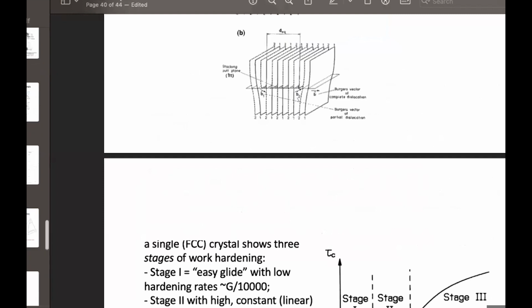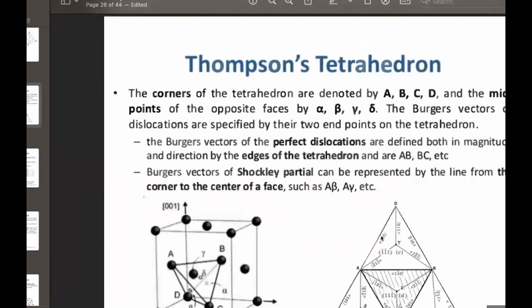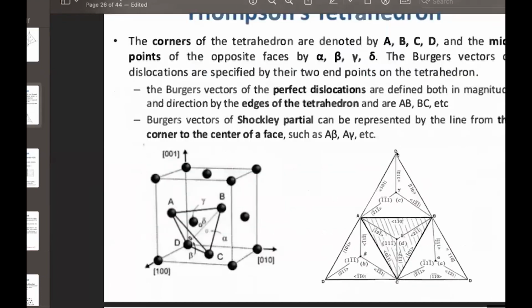In FCC, you have to know which dislocation is which dislocation. Here we have some Greek letters, some capital letters, some corners. Actually, let me just share a whiteboard. Don't remember this. This is the whole combination of 4 different planes.